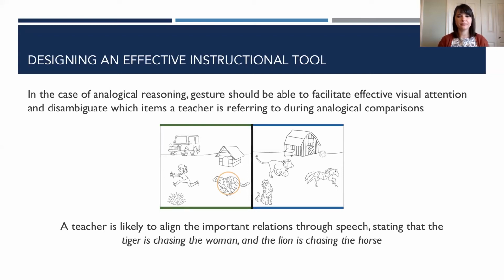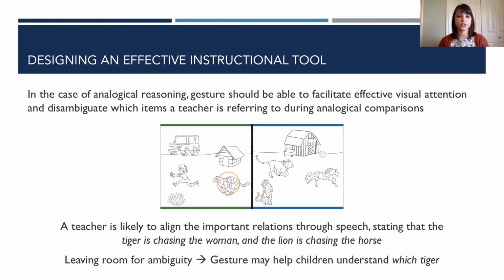As reviewed a moment ago, we know from previous eye tracking studies that children who incorrectly solve these kinds of analogical reasoning problems tend to focus their visual attention on the featural match and ignore the relational information on their own. Therefore, instruction that incorporates gestures may help young children understand which tiger is relevant to the task and direct their attention away from those irrelevant featural matches.